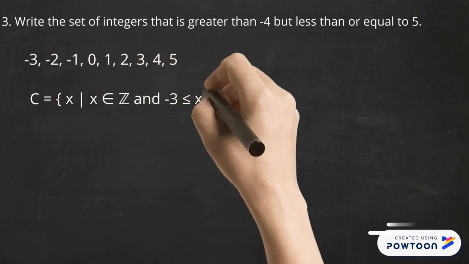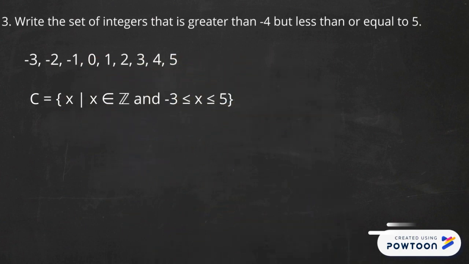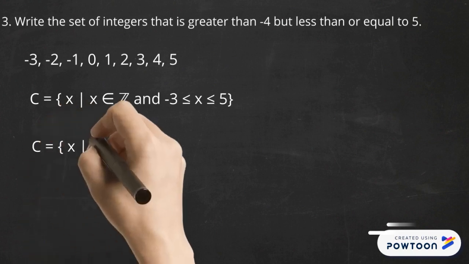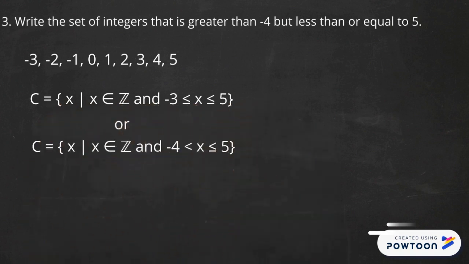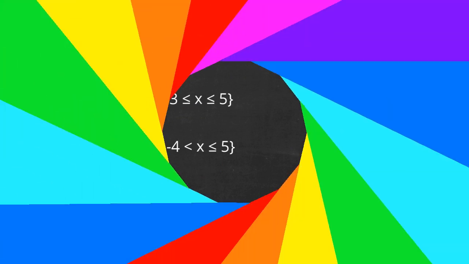C is the set of all x such that x is an integer and x is greater than or equal to negative 3 but it's less than or equal to 5. I could also say that x is greater than negative 4 but is also less than or equal to 5. So both ways work. Now, you know how to describe a set using set builder notation.